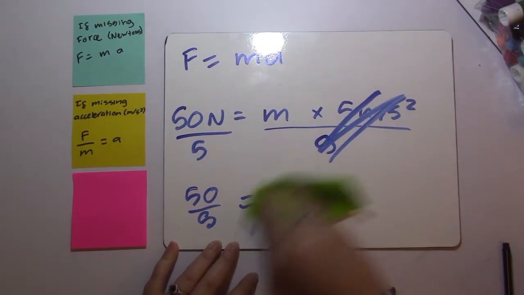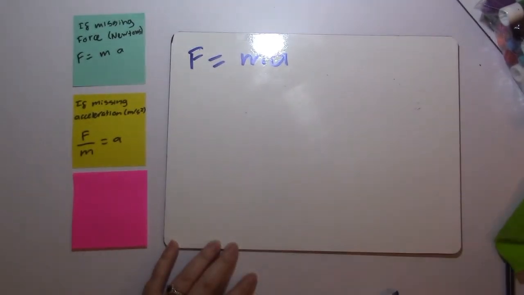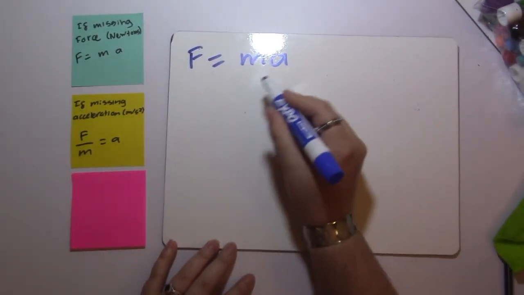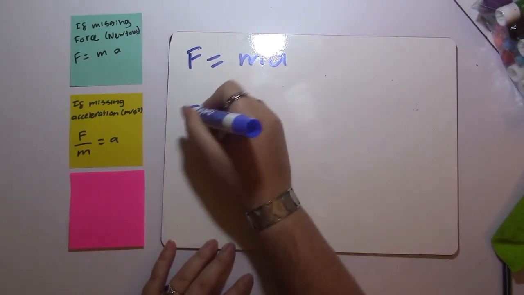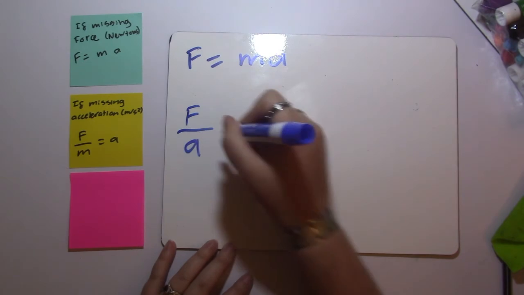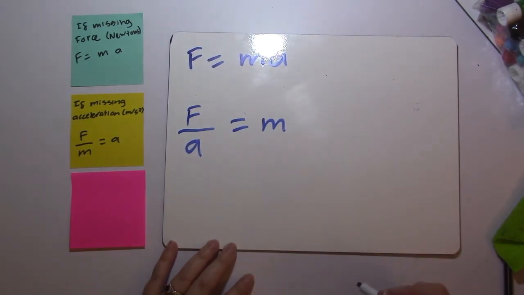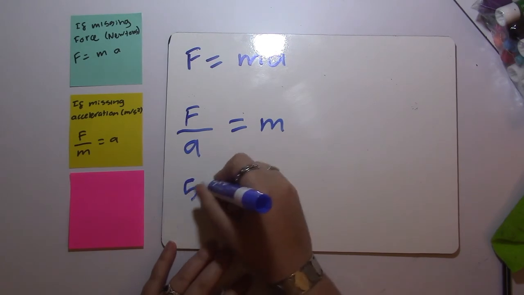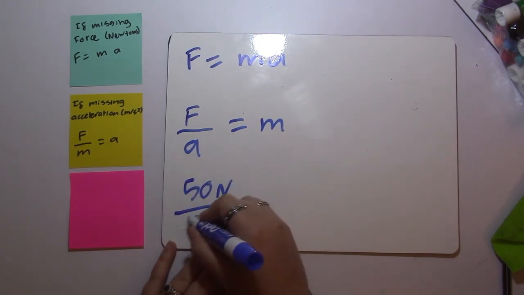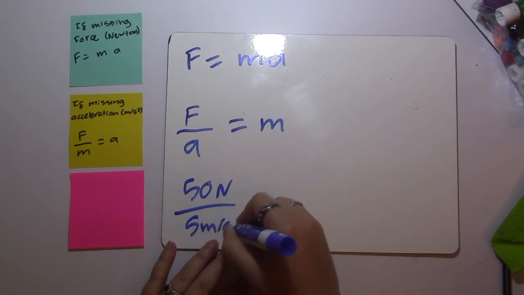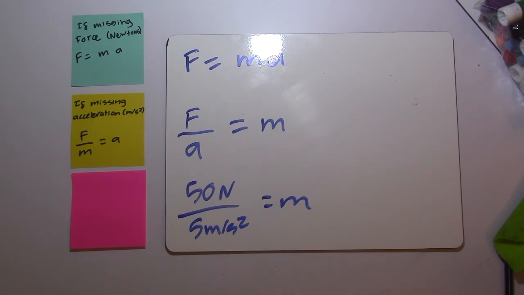If you just wanted to start with the equation that is set up for you, we need to have m by itself, so we can just divide by a on both sides. So force over acceleration equals mass. And you could plug in those numbers the same way. So if we have 50 newtons of force over 5 meters per second squared equals m, and you could solve it that way.